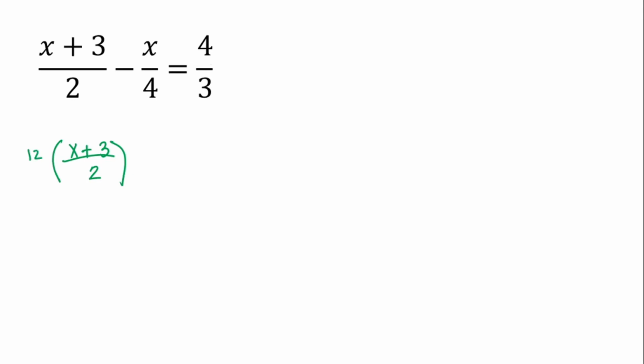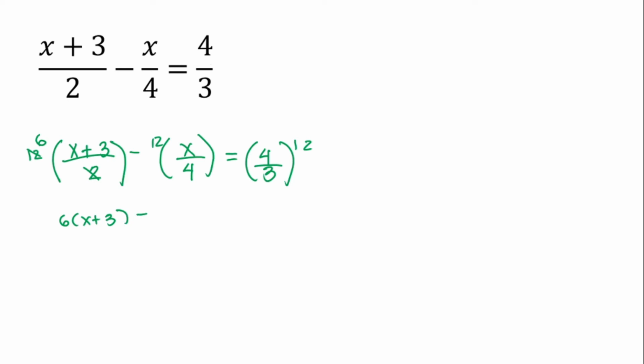Alright, so let us multiply the equation by 12 para mawala si denominator. Okay? So, maka-cross out 12 divided by 2 is 6. So, ano yung magiging dito? So, ganito muna natin so that you can see the process. Alright?